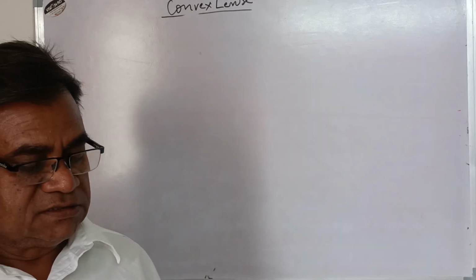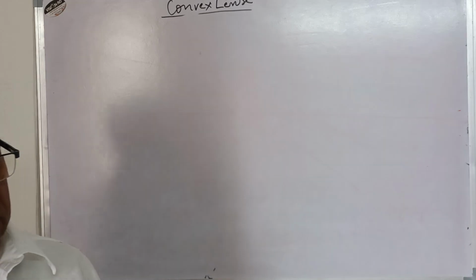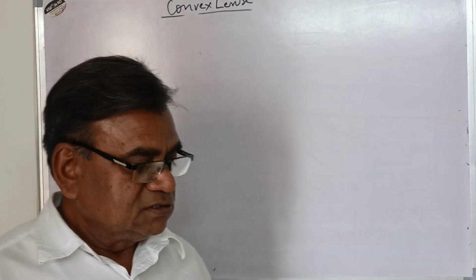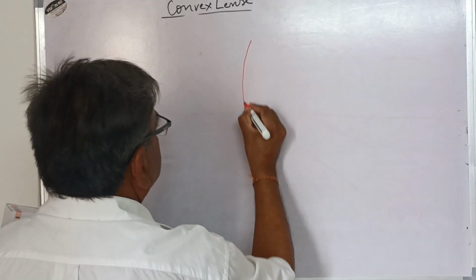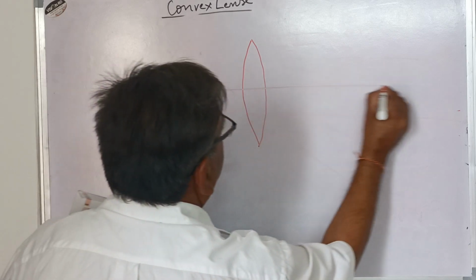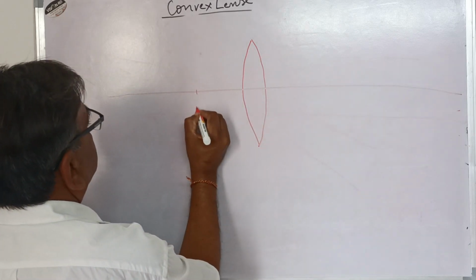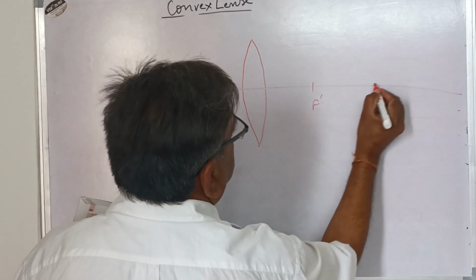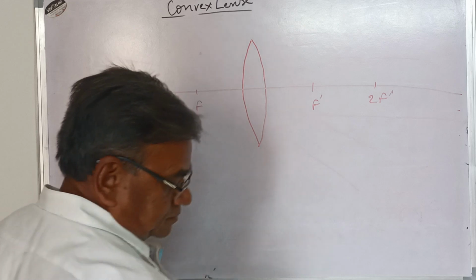The real image will be on the other side of the lens. When will it be diminished? Look, here it will be equal only, up to here. f, 2f, f dash, 2f dash.